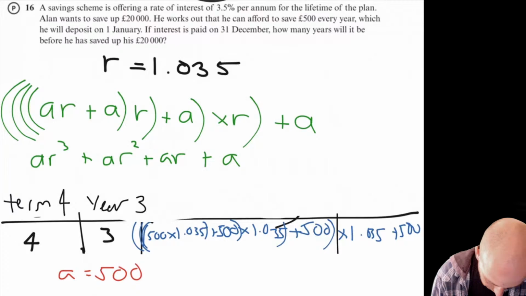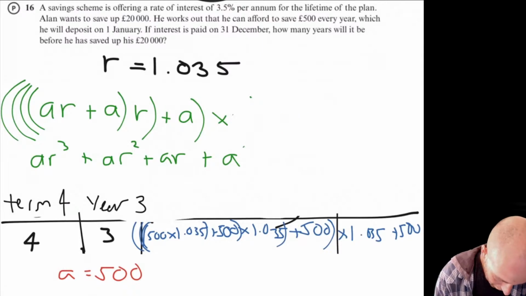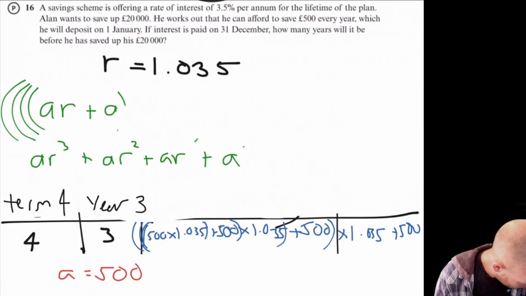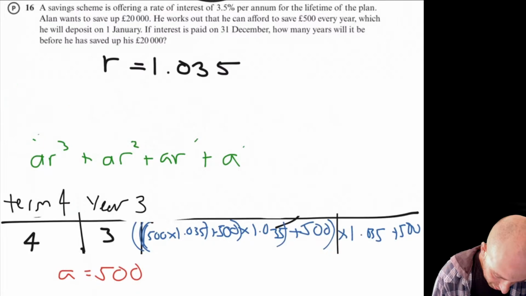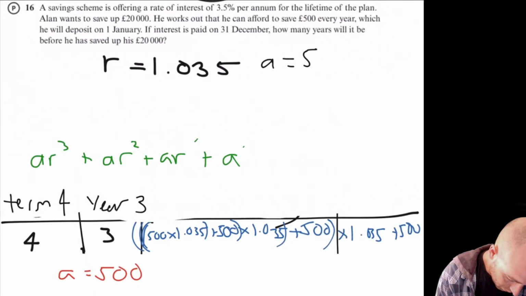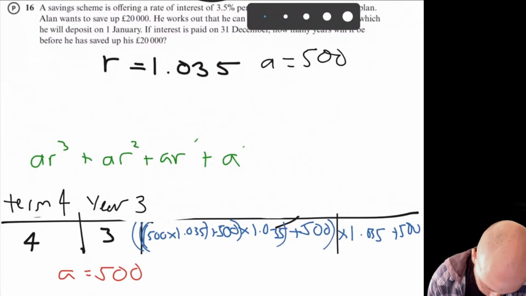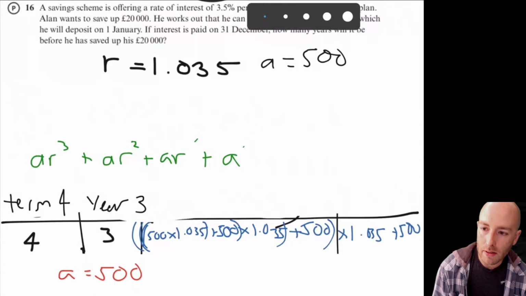So, lost my train of thought there. So if our fourth term, basically I could factorize out A from this.